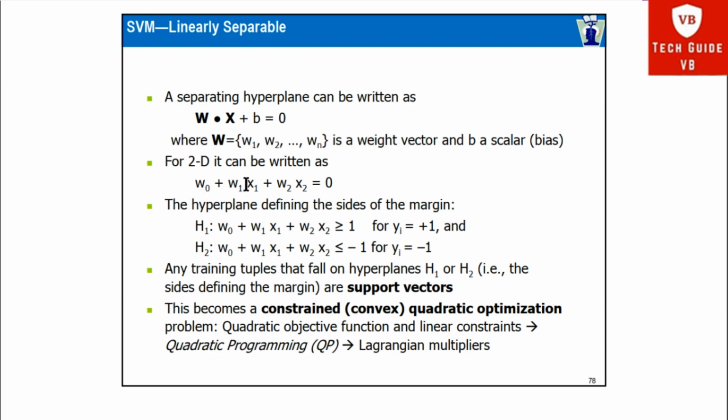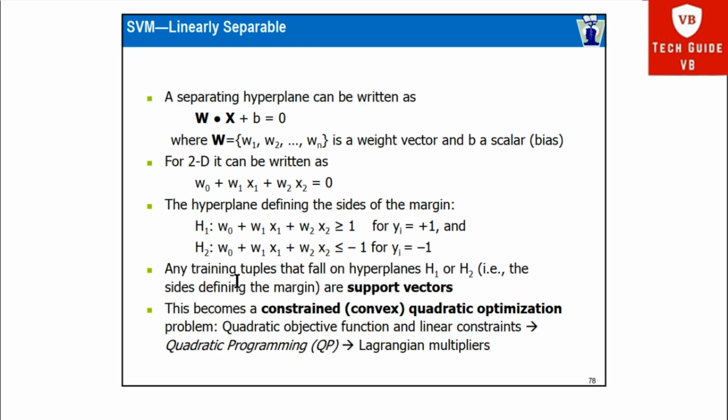For 2D it can be written as W0 + W1x1 + W2x2 = 0. The hyperplanes defining the sides of the margins are H1: W0 + W1x1 + W2x2 ≥ 1 for yi = +1, and H2: W0 + W1x1 + W2x2 ≤ -1 for yi = -1.